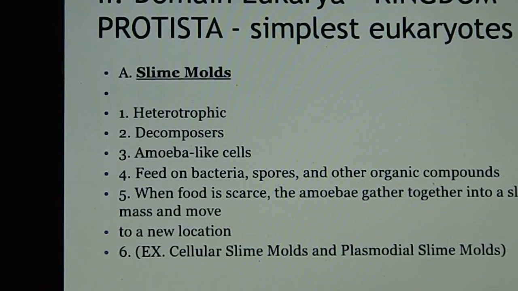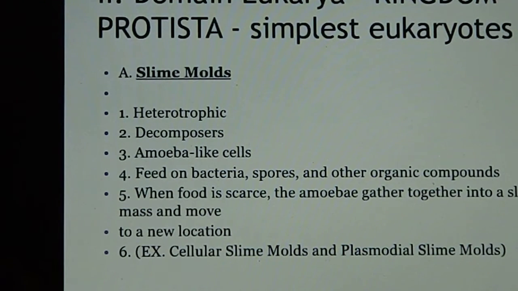And so the first group are slime molds. Slime molds are really interesting organisms. They are heterotrophic, and they are decomposers. So they are the decomposer group of the protozoans, and they feed on dead organic material, sometimes spores and algae and other things like that.